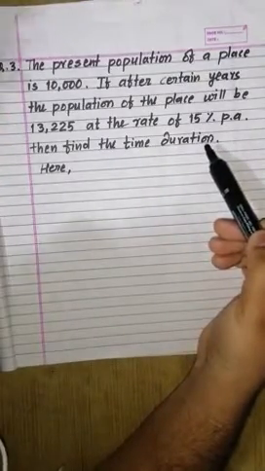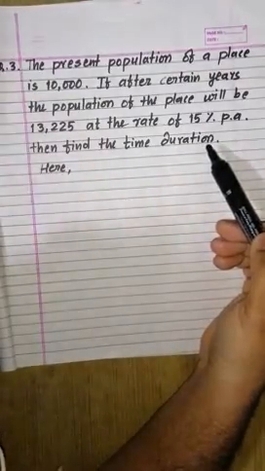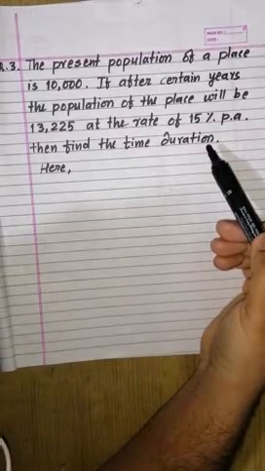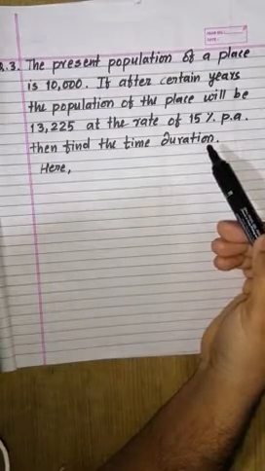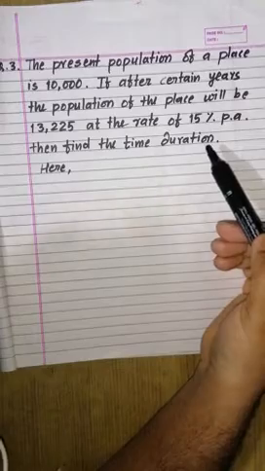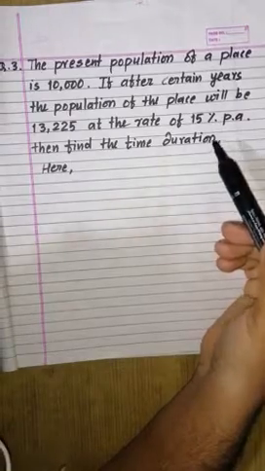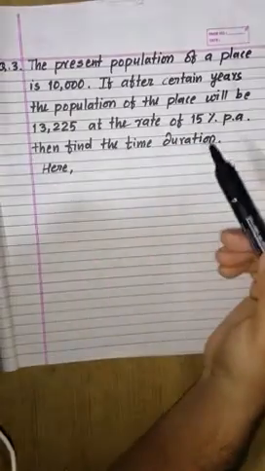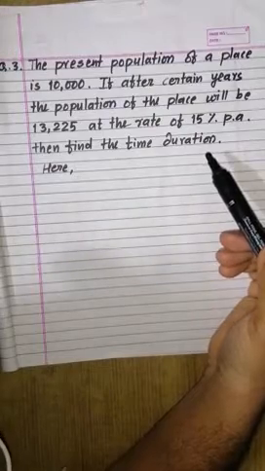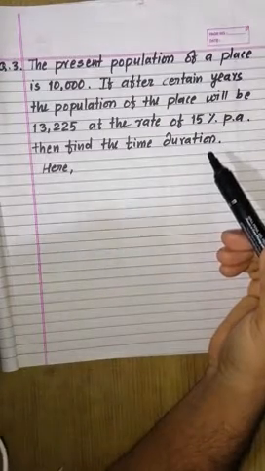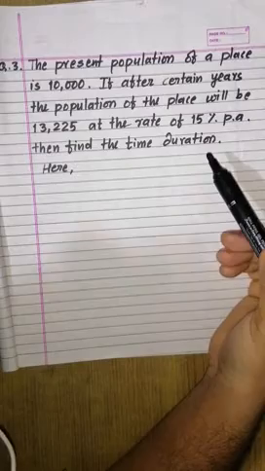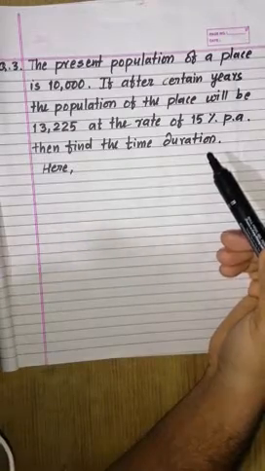So here also, if you see the question minutely, two time frames have been given to us. One is about present and another one is about future. When we talk about present and future case, then present population is considered as the initial population, P0, and population after certain years is considered as PT.